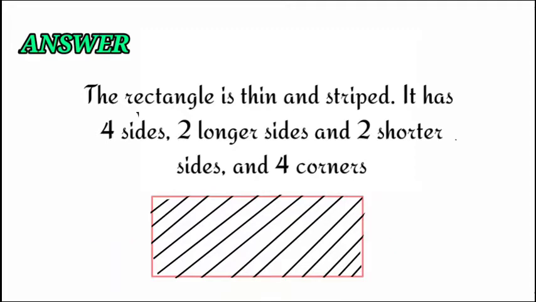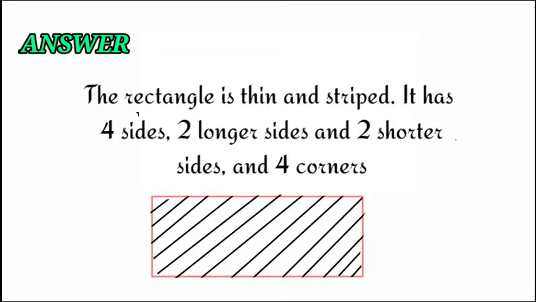Two shorter sides. These are four sides: first side, second side, third side, fourth side, and four corners: one corner, two corners, three corners, and four corners. In this picture, you have to observe like this.